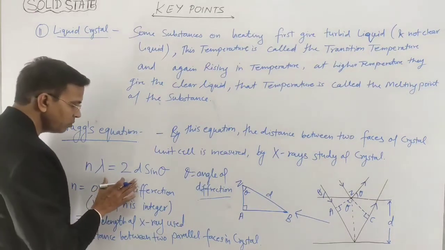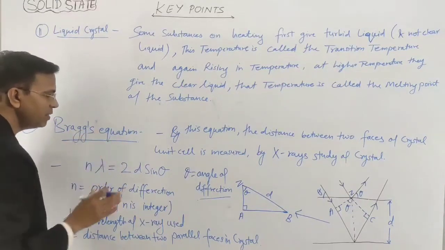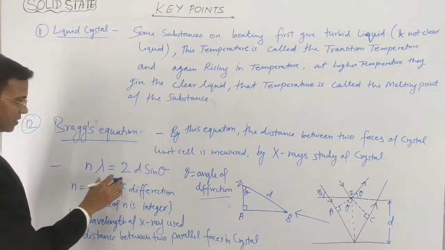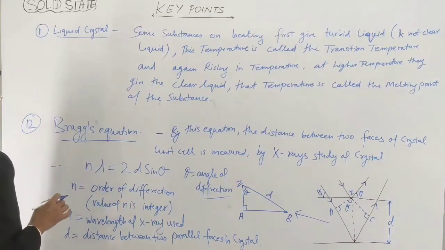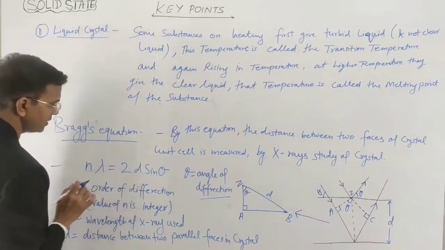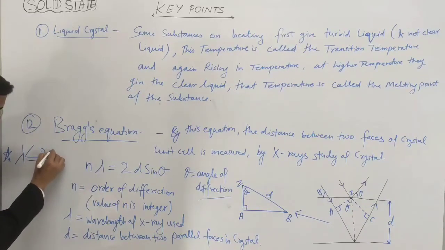Now one more important point about the Bragg's equation is, the Bragg's equation can only be used if lambda is less than or equal to twice the distance, right? So lambda must be smaller than or equal to 2d.